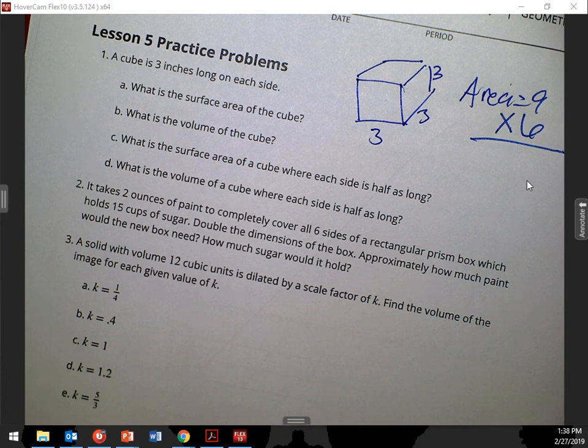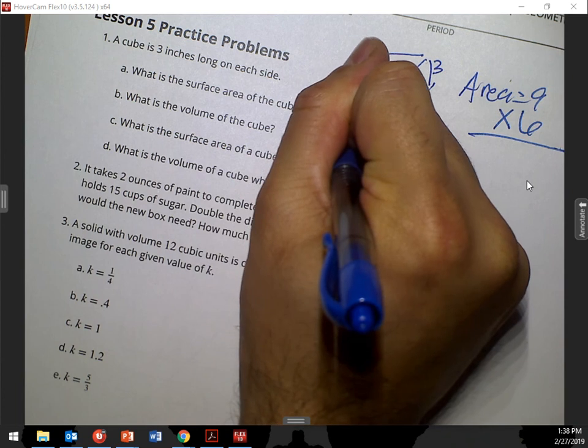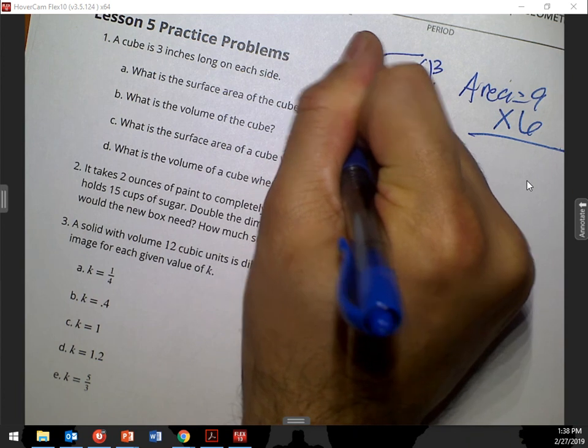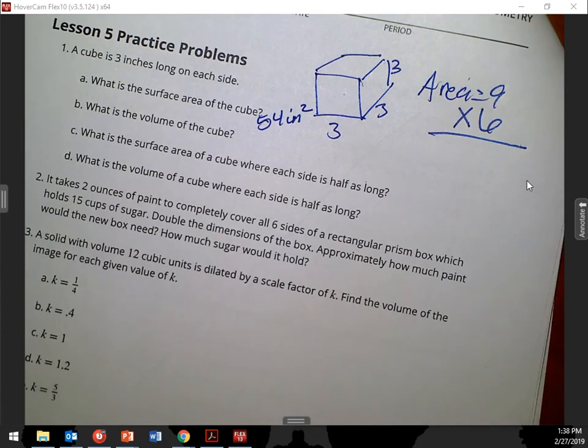You get 54. It's going to be 9 on each side. Yeah, 54. 9 times 6 because each one is 9 and there's 6 sides. That's it.